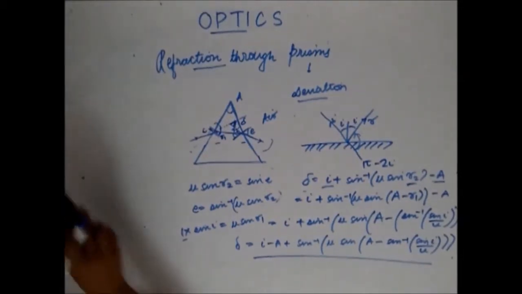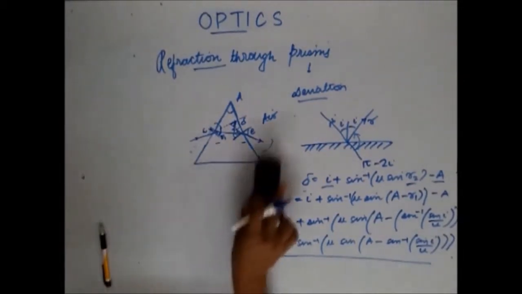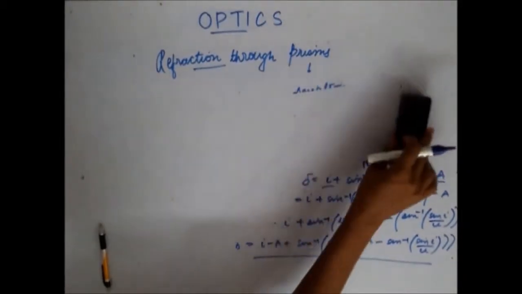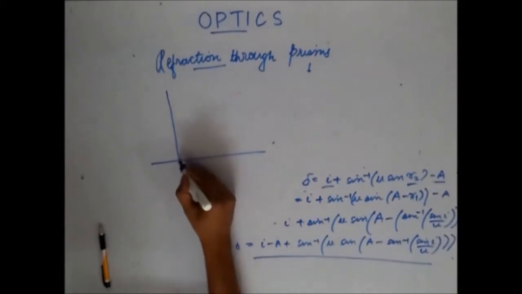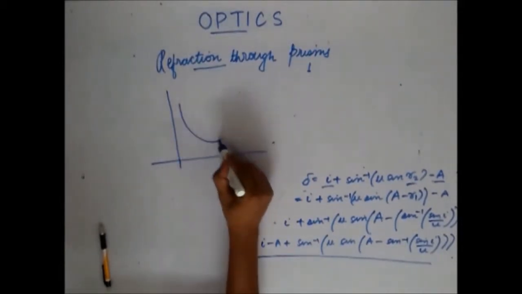Now if I plot delta versus I, then what I'll get is a curve like this.